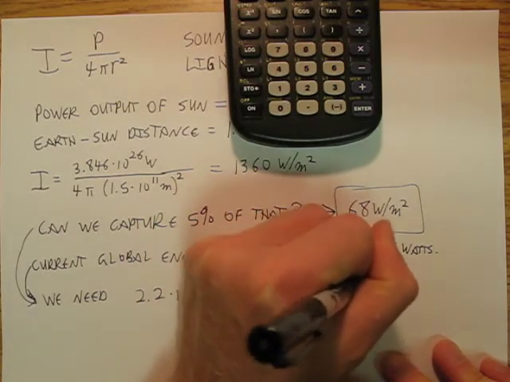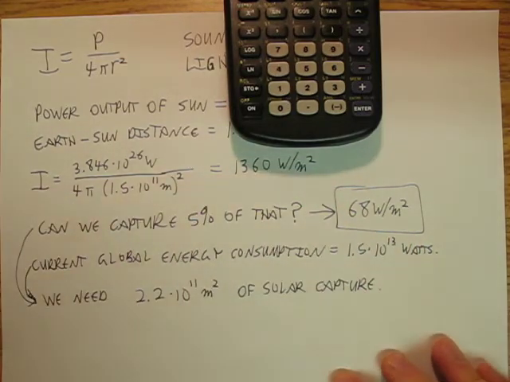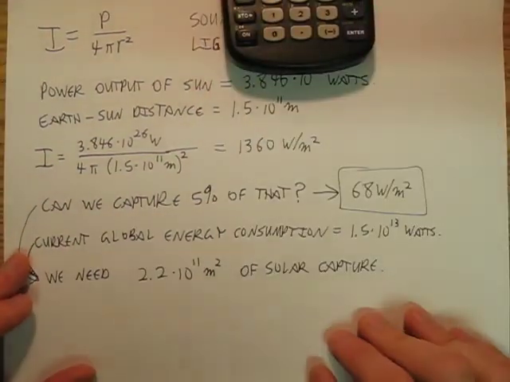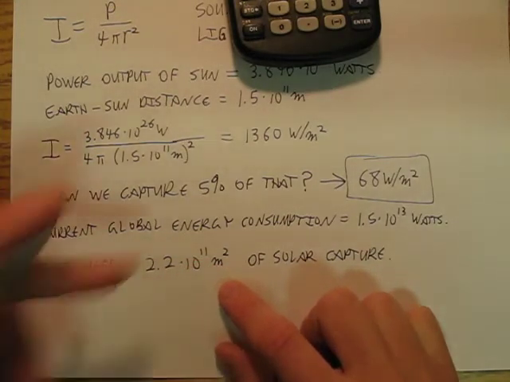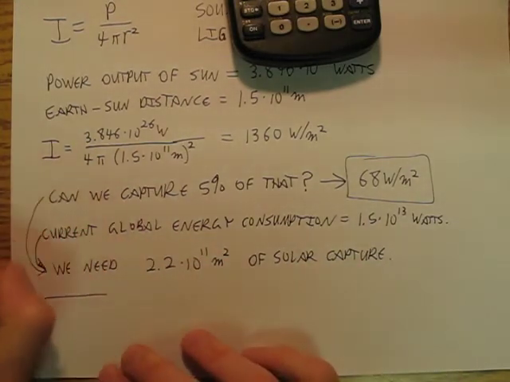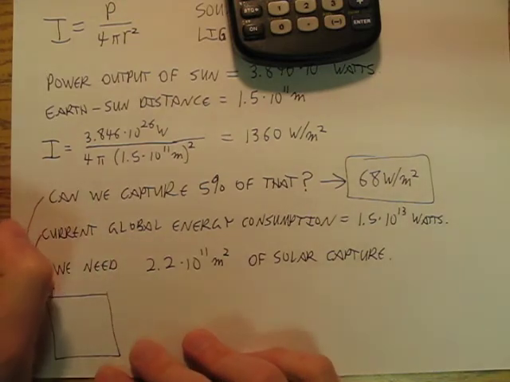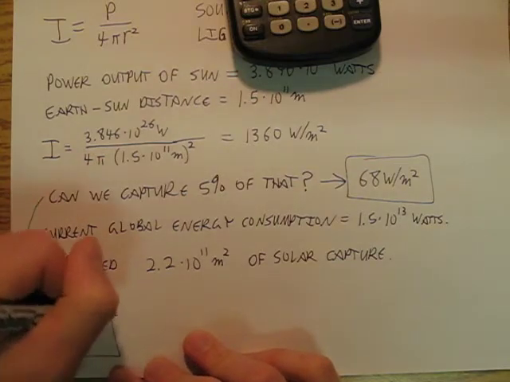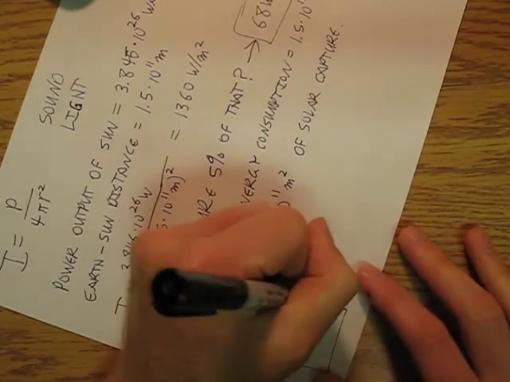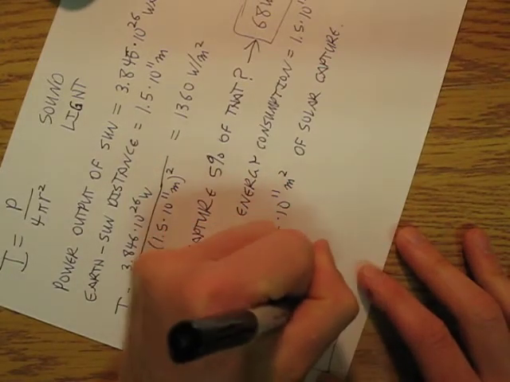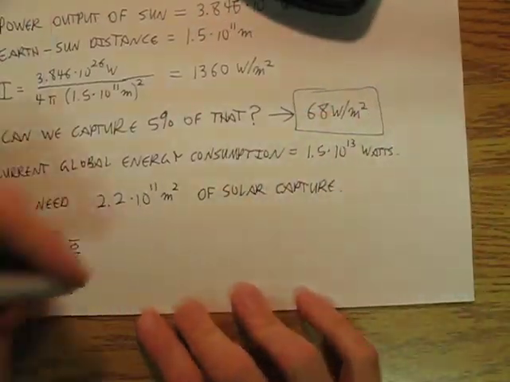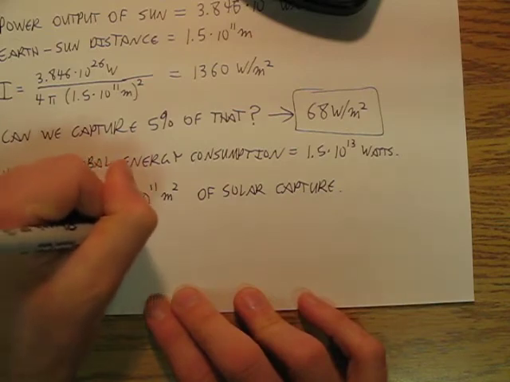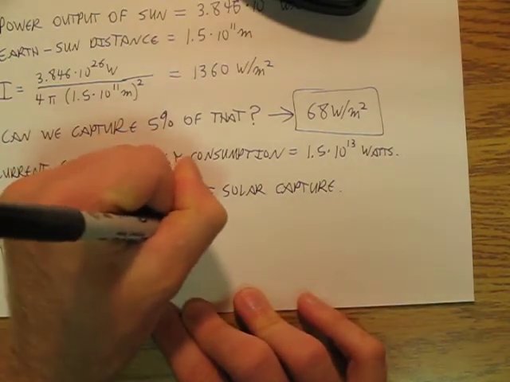However we're going to do that. Okay, so that sounds like a lot. Let's turn it into kilometers squared. Well, remember, there's 1,000 meters in 1 kilometer, and in this direction, there's 1,000 meters in 1 kilometer. And so 1 kilometer squared is equal to 10 to the 6 meters squared.